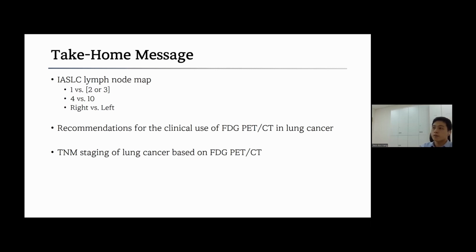And finally, we should be able to accurately diagnose lung cancer patients who underwent FDG-PET-CT for staging, and we should determine the accurate TNM staging for clinicians to determine what treatment to perform.